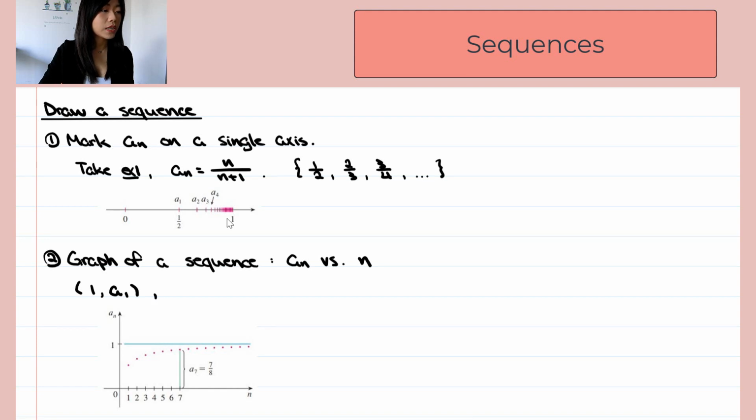The second term has coordinates 2 and a2. The third term has coordinates 3 and a3, and so on. So the nth term has coordinates n and a_n.